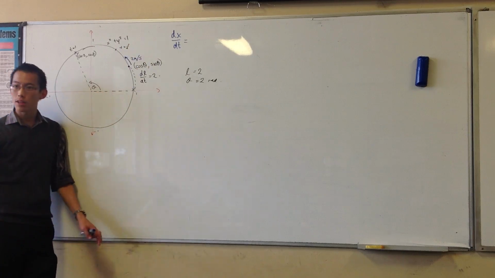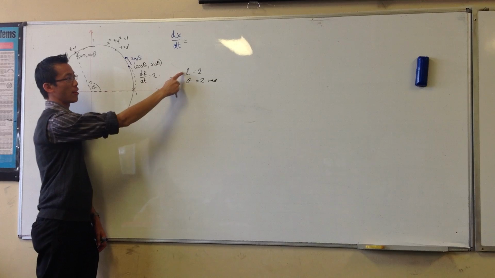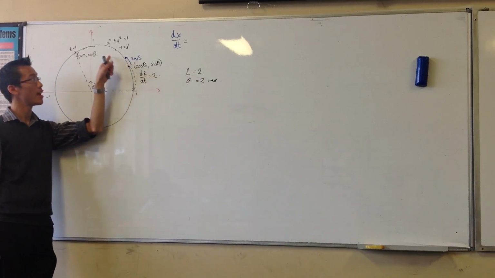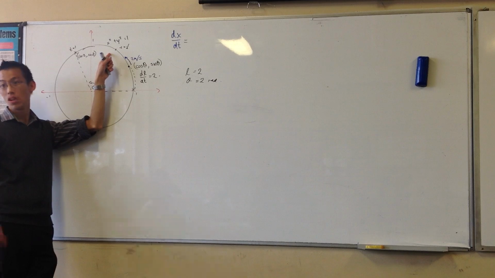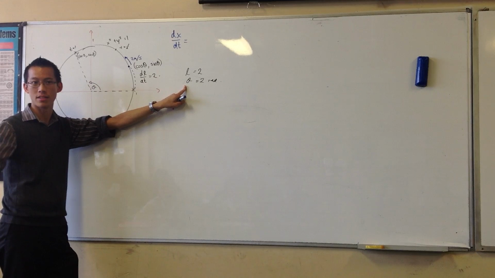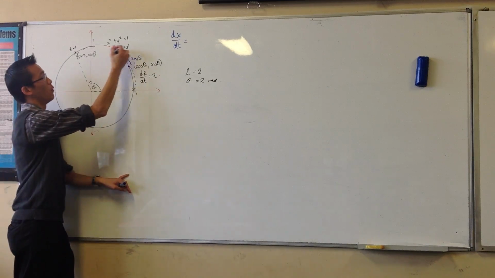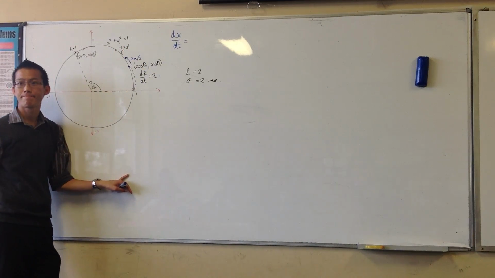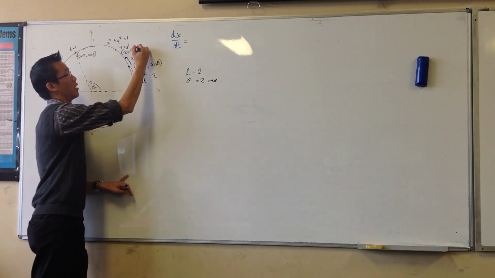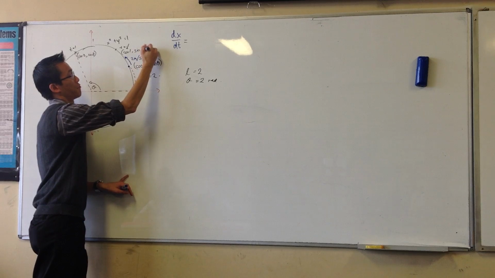Now follow the same logic. If the length of my arc was 2 in the previous case, what's the length of the arc here? It'll be 1, and we saw that that was equal to theta because the radius is 1. So at this point, what will my coordinates be? If theta is 1 radian, it's going to be cos 1, sine 1.